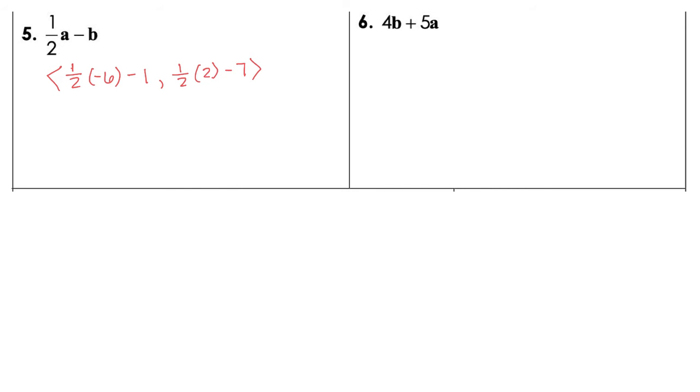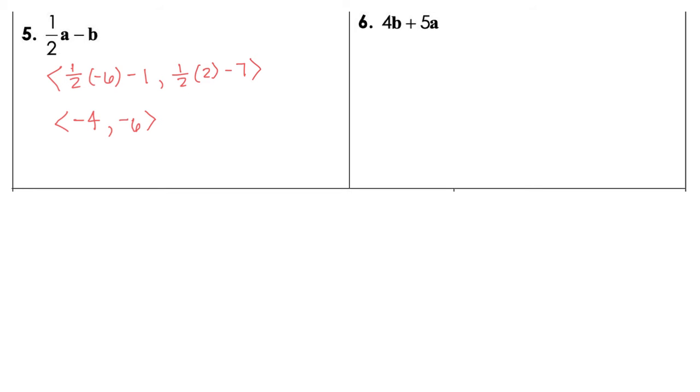And so when you go through all of that, 1/2 times negative 6 is negative 3. Negative 3 minus 1 is negative 4. And then 1/2 times 2 is 1. 1 minus 7 is negative 6.